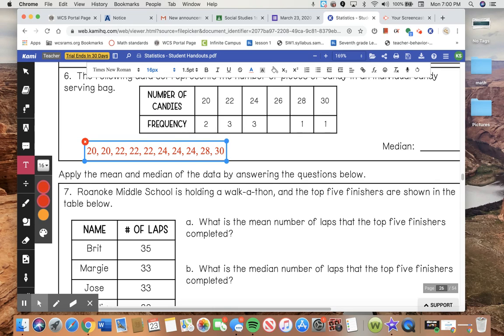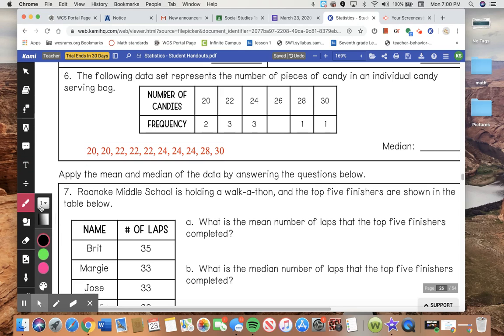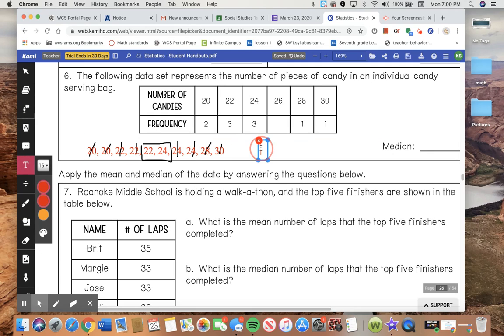So now I have to find the middle number. And again, we do that by working from the outside in. 20, 30, 20, 28, and so on. And again, we are left with 2 numbers. Again, you can do it this way.